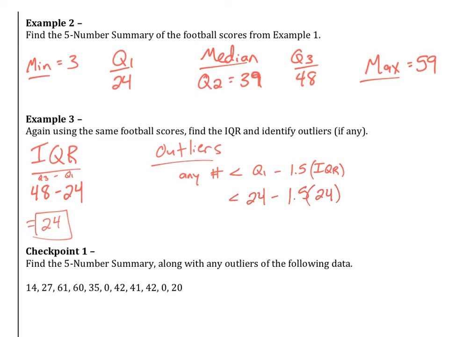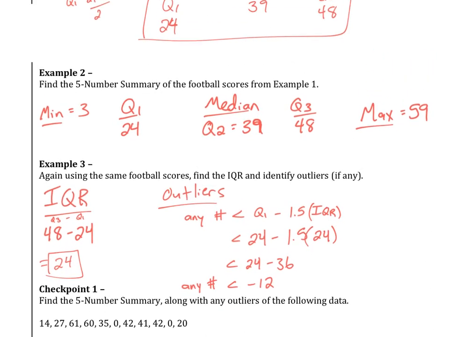So what is 24 minus 1.5 times 24 is 36. What is 24 minus 36? Negative 12. So any number less than negative 12.